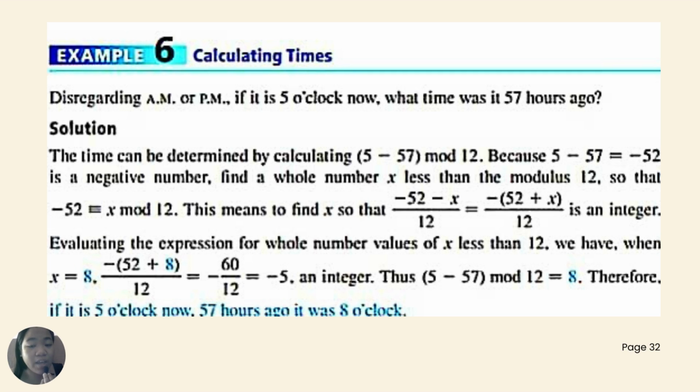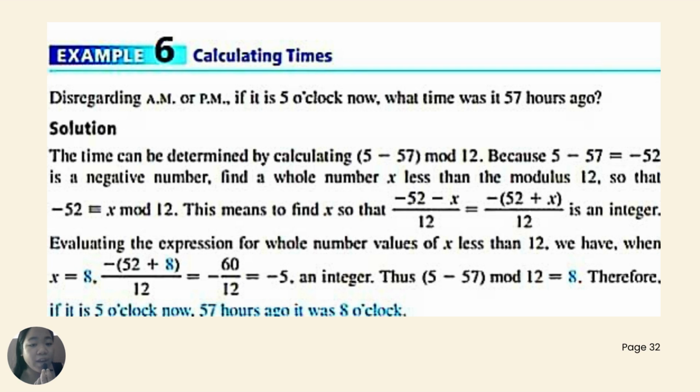So because 5 minus 57 is equals to negative 52, and it is a negative number, we will find a whole number x less than the modulus, which is 12. So that negative 52 is congruent to x mod 12.